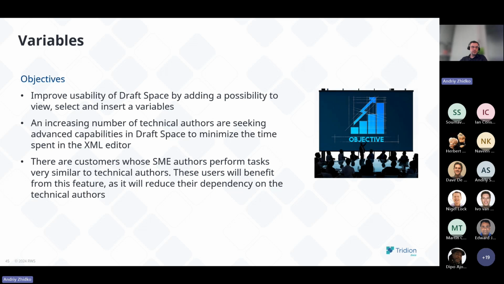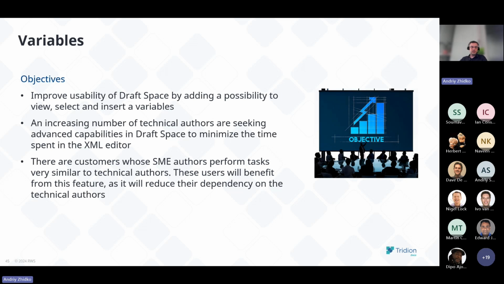We improved usability of draft space by adding a possibility to view, select, and insert variables in draft space. The reason is that an increased number of technical authors are seeking advanced authoring capabilities in draft space to minimize time spent in the desktop XML editors.